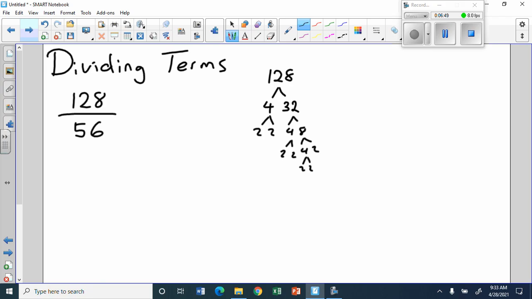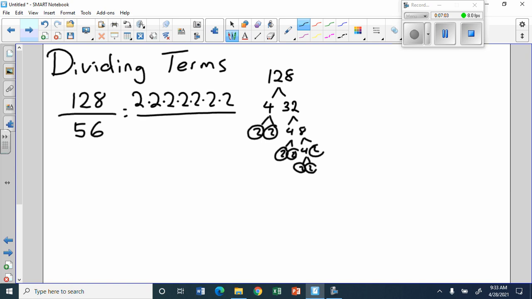2 and 2. That's a lot of 2's. Bottom of the tree, 2, 2, 2, 2, 2, 2, 2. That's 7 2's. Over 56. 8 times 7, 2 times 4, 2 times 2, bottom of the tree, 2, 2, 2, 7.